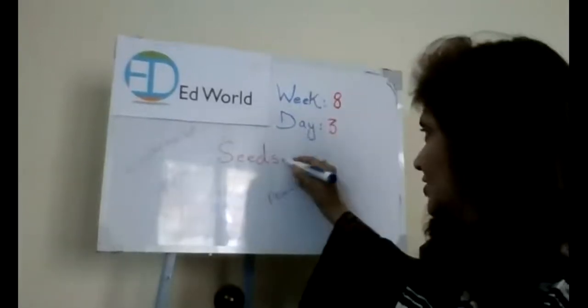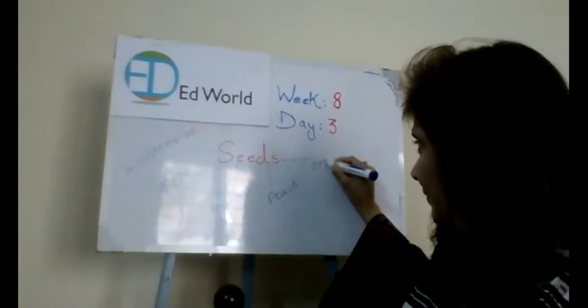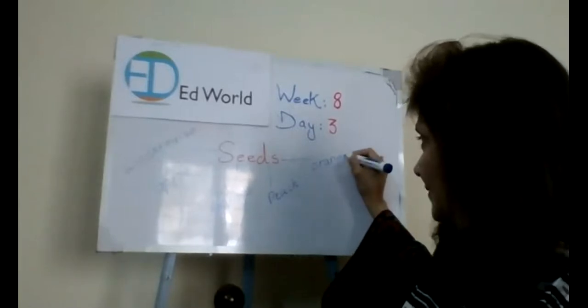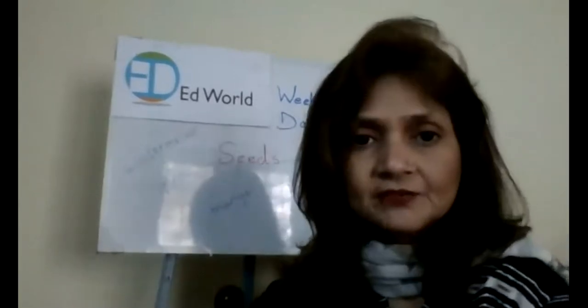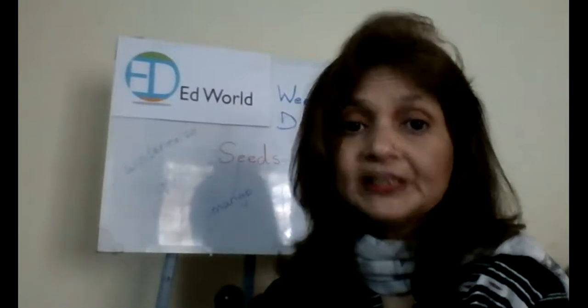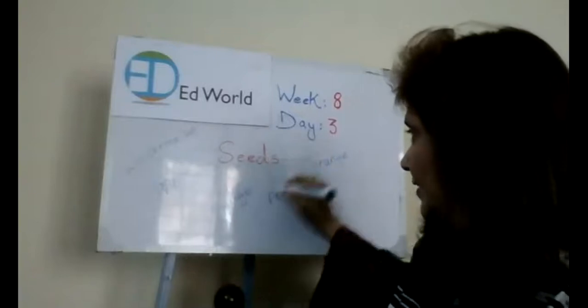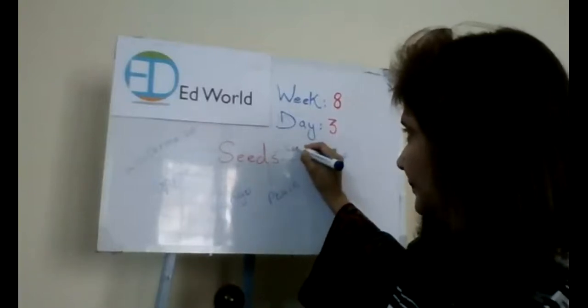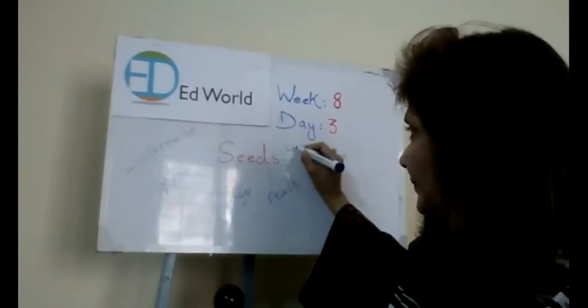Orange. Correct. Oranges are very good. They are available these days. It's orange season. Any other fruit that has seeds? Come on, think of a kiwi. Yes, a kiwi. Correct. A kiwi has seeds. So these are the different fruits that have seeds.